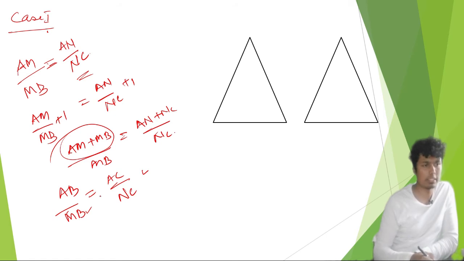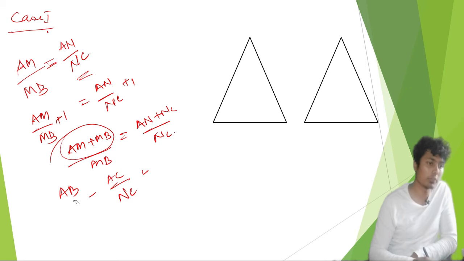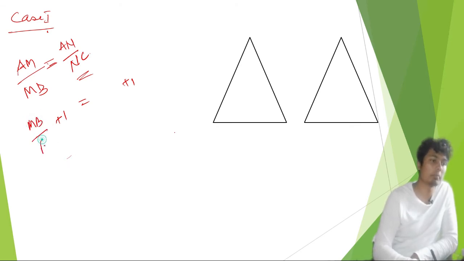Now similarly, I think we don't get the question exactly. For getting the question exactly, we need to do it a little bit differently. I'm sorry for that, I haven't looked into the questions. You just do the reverse, MB by AM and NC by AN.